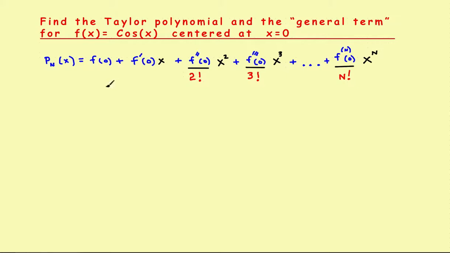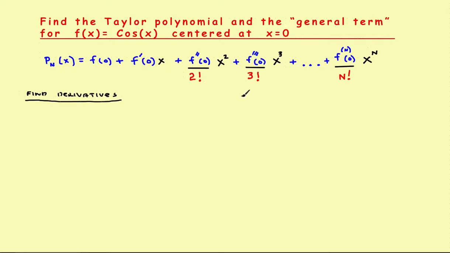Now, the first thing you've got to do is to find all these derivatives. So we'll just go ahead and put a little step over here. So the very first step is going to be to find the derivatives. Now, once we found the derivatives, the next thing I have to do is to evaluate the derivatives at x equals 0.